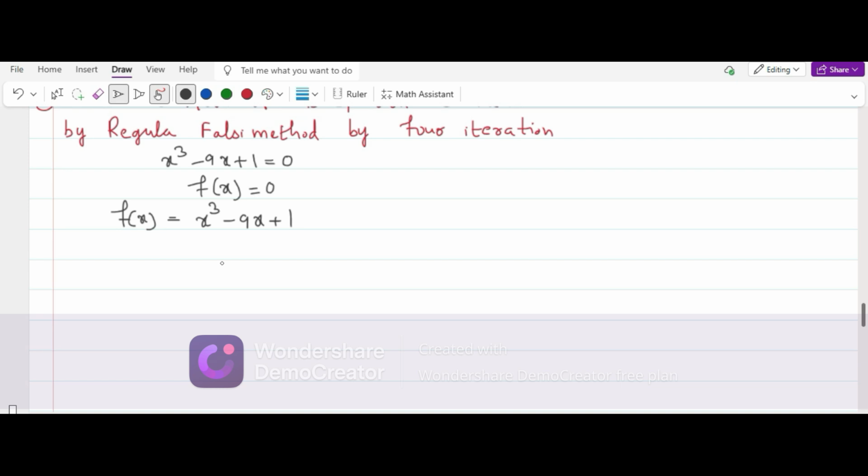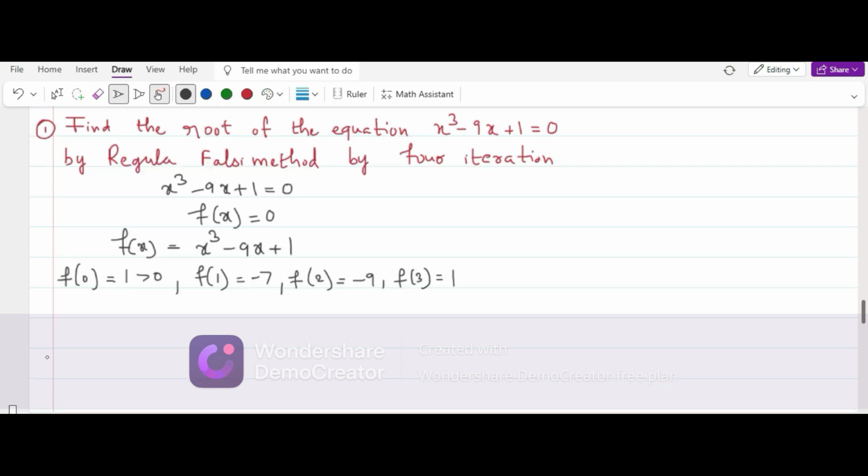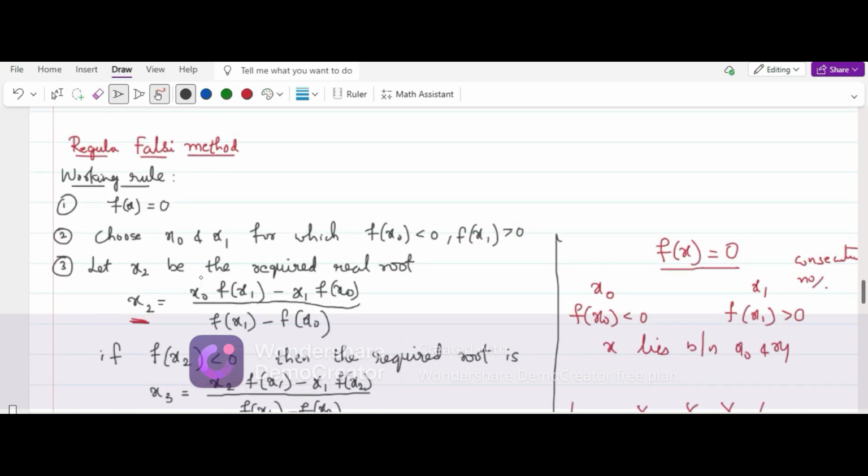Take the calculator and feed this equation, x cube minus 9x plus 1. ಸೊ ಟೆಲ್ ಮಿ ವಾಟ್ ಈಸ್ f of 0. ಓಕೆ, ನೋಡಿ ಇಲ್ಲಿ f of 0 equal to 1 ಇತ್ತು, ಪಾಸಿಟಿವ್ ಇತ್ತು. f of 1 ನೆಗೆಟಿವ್ ಆಯಿತು. ನೀವು ಇದನ್ನು ಕನ್ಸಿಡರ್ ಮಾಡಬಾರ್ದು. ನಾನು ಏನು ಹೇಳಿದ್ದೀನಿ ವರ್ಕಿಂಗ್ ರೂಲಲ್ಲಿ? You have to find x0 and x1 in such a way that f of x0 is negative and f of x1 is positive. ಅರ್ಥ ಆಯ್ತಾ?